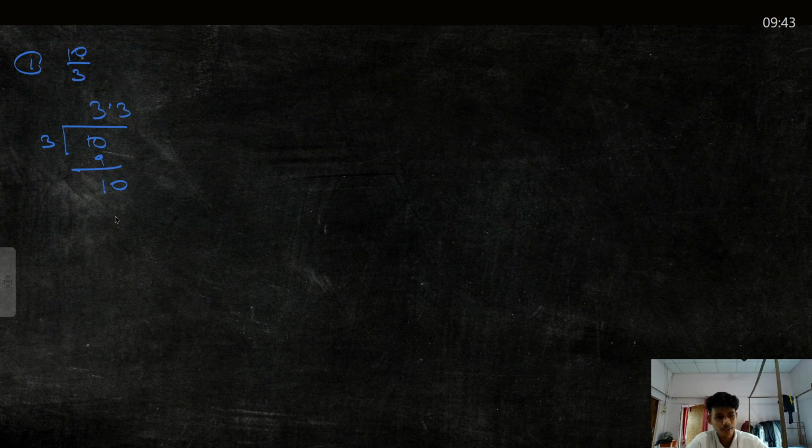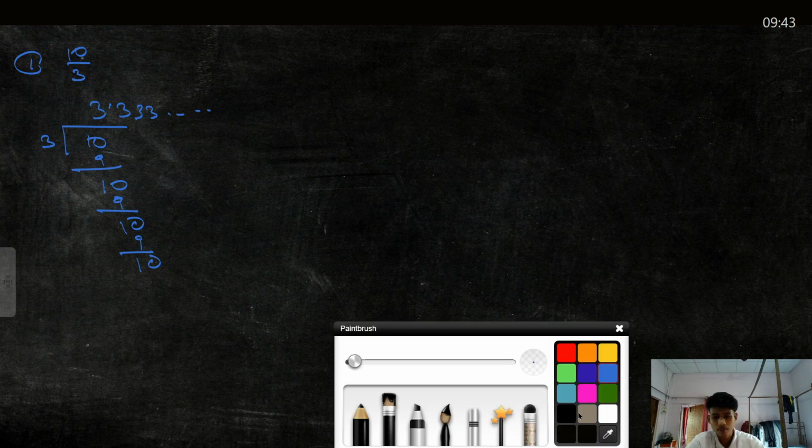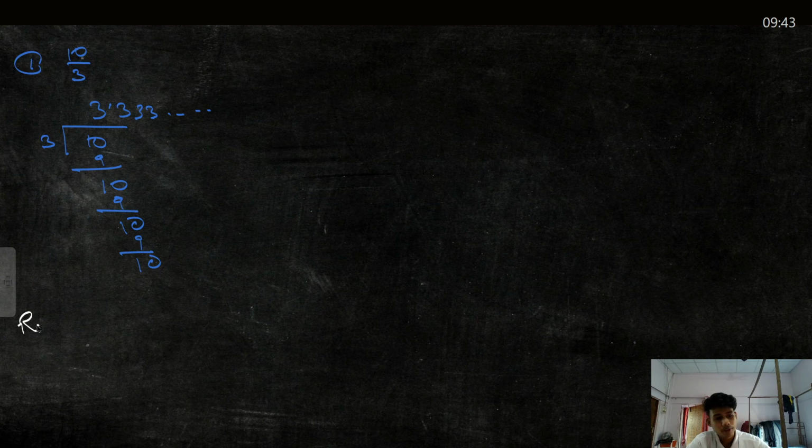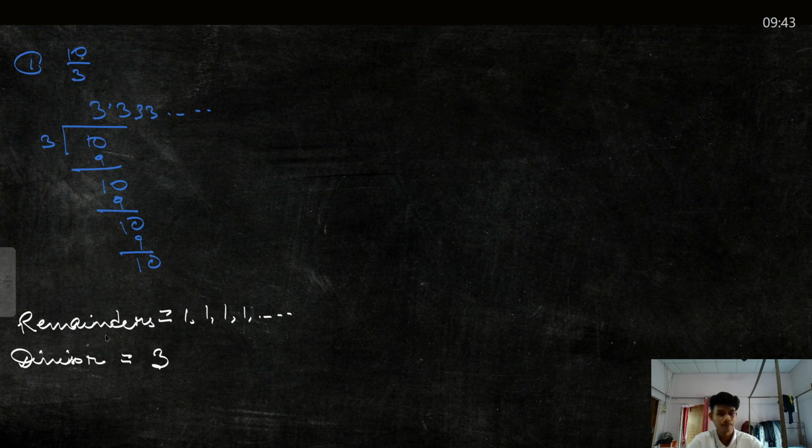Here comes 0, then 3 again, 9, 1, 0. 3 again, 9, 1, 0, and it will continue. Now here the remainders we get each time are 1, and the divisor here is 3.